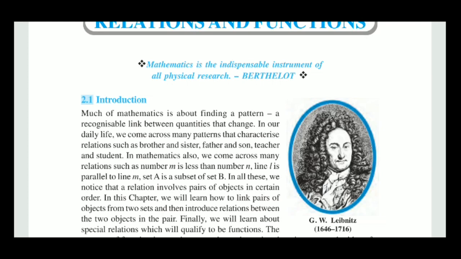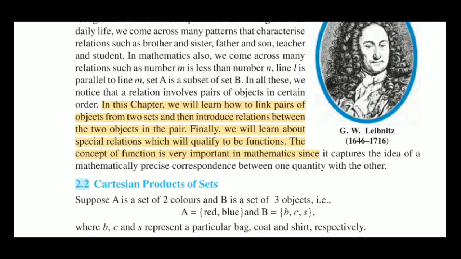So students, if you have seen in all these relations, we need two objects here, then we can form a relation between them. In all these, we notice that a relation involves a pair of objects in a certain order.